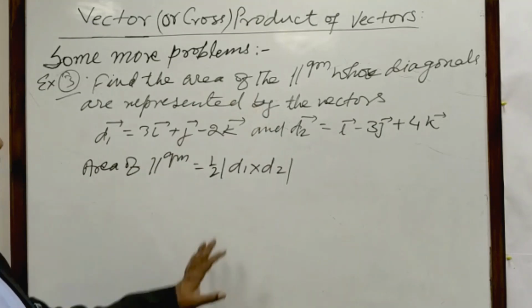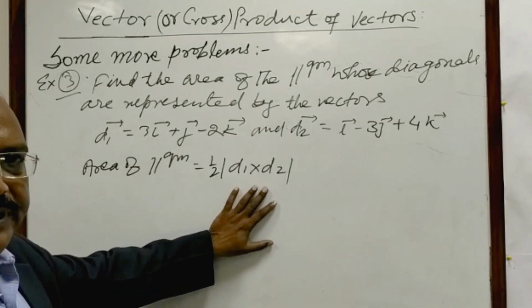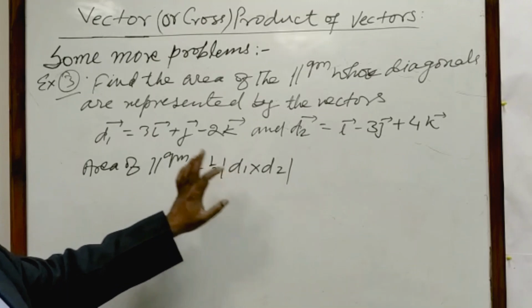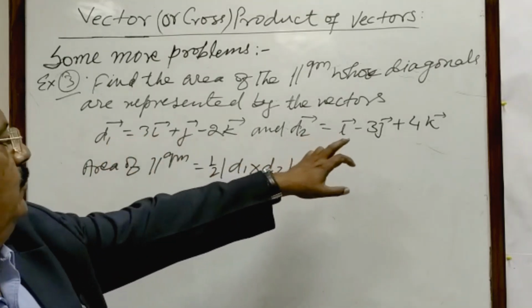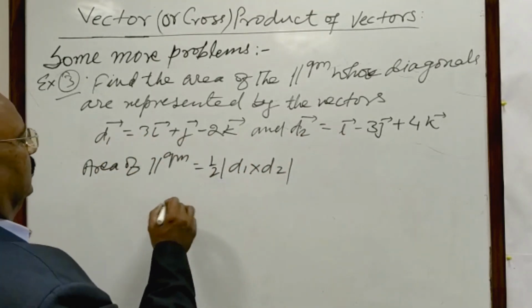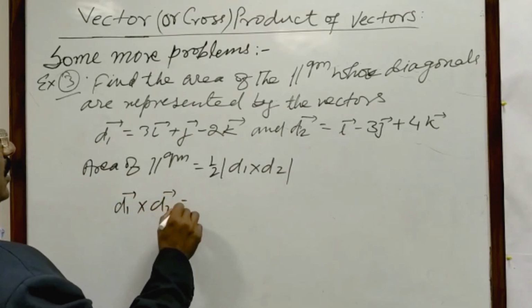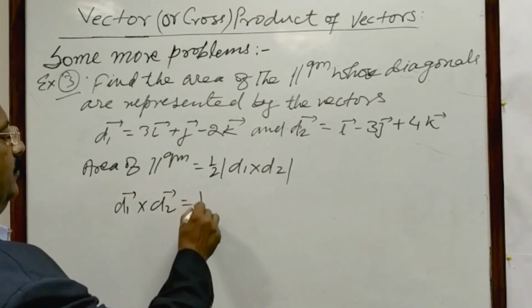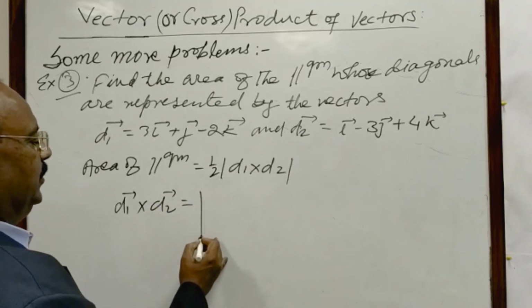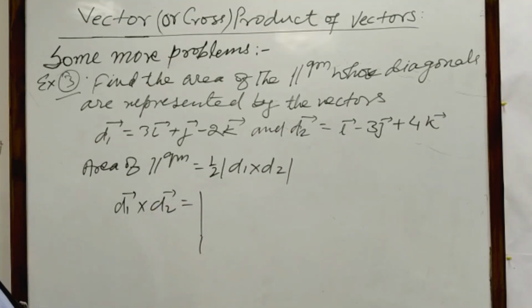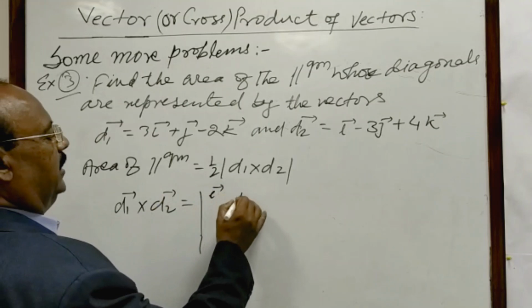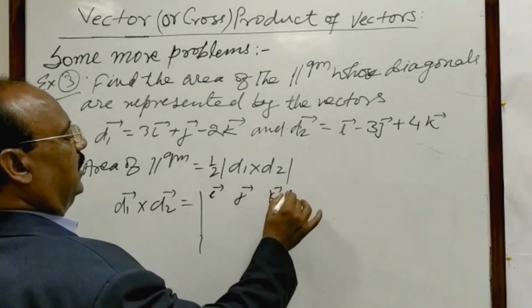So first of all, we have to find the cross product of these two vectors, D1 cross D2. With the help of a determinant, as usual, we can do it. In the first row, you write the unit vectors i, j, k.